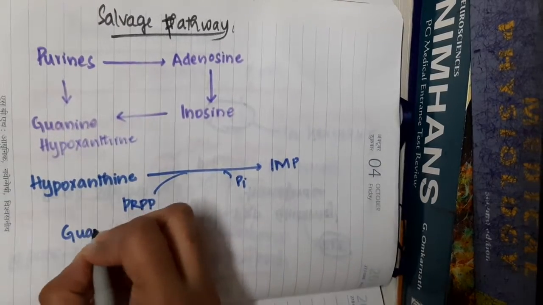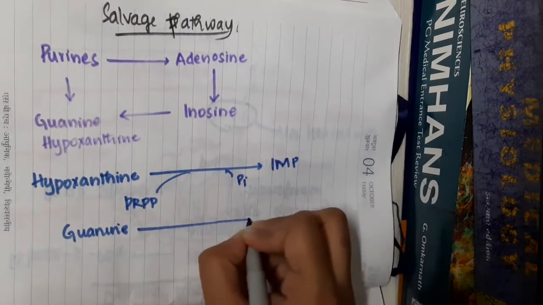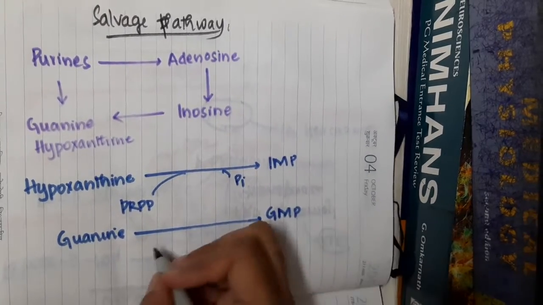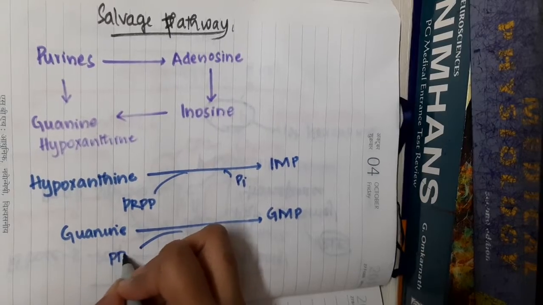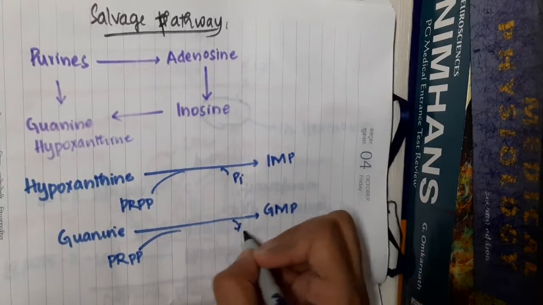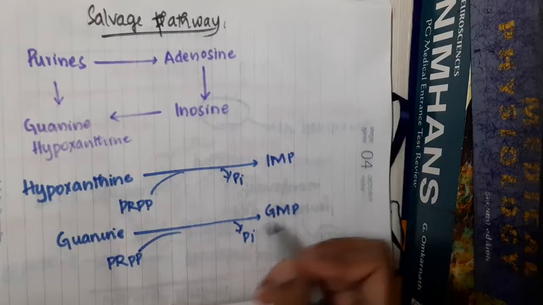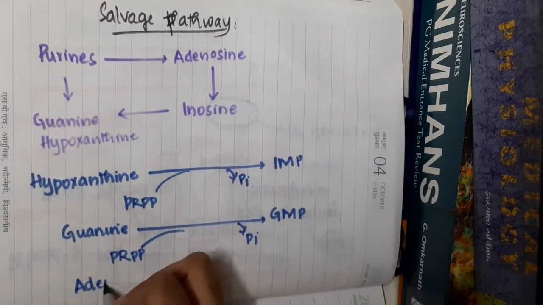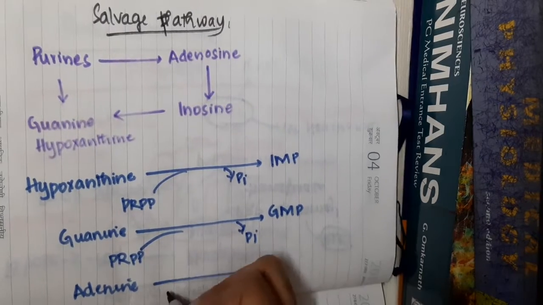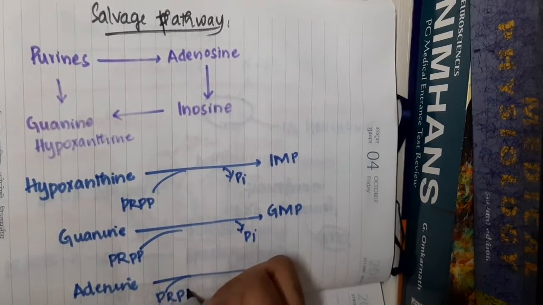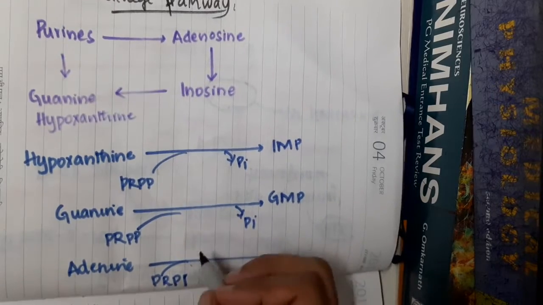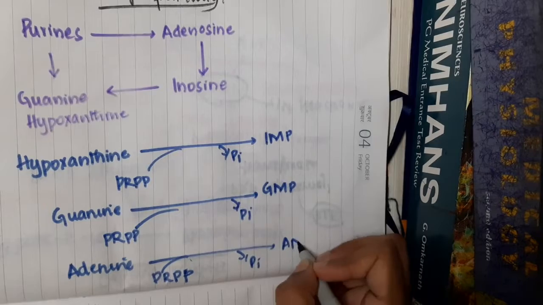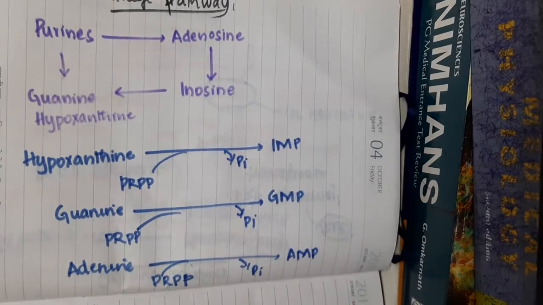Similarly, guanine, in the presence of hypoxanthine guanine phosphoribosyl transferase along with PRPP, releasing inorganic phosphate, forms guanosine monophosphate. Then adenine, in the presence of the enzyme adenine phosphoribosyl transferase along with PRPP, forms adenosine monophosphate and inorganic phosphate.